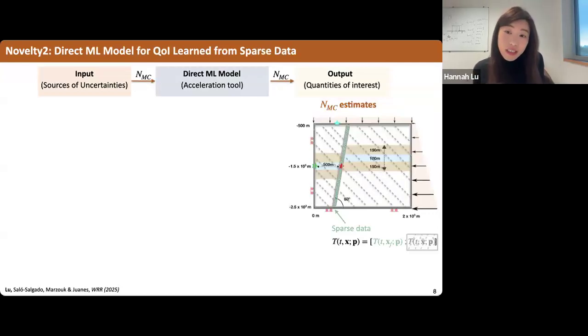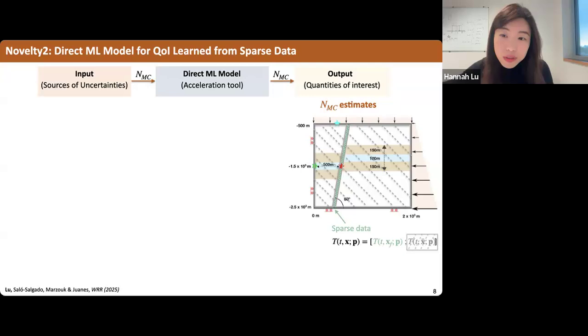So let's dig a little bit more into this direct machine learning model for the interest of our problem and many, many more. We are not interested in, or having access to, the data of the quantity of interest over the whole domain. In our case, we only care about what will happen along the fault, which is this green area.